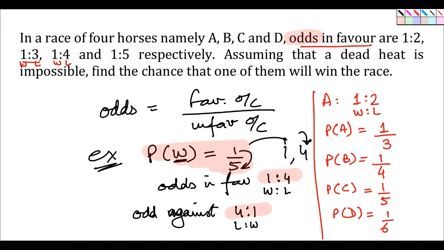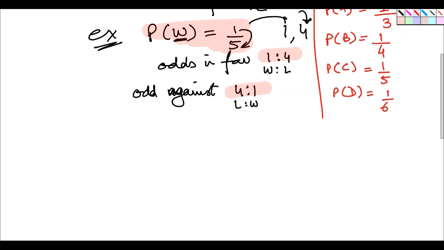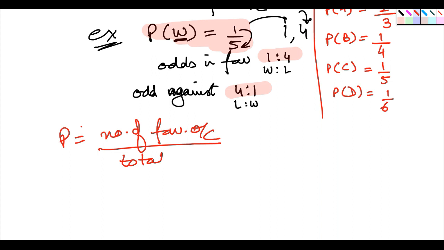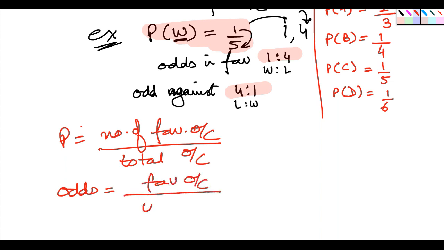What are odds? Odds are ratios of favorable to unfavorable outcomes. Remember, what is probability? Probability is the ratio of favorable outcomes to total outcomes, while odds are the ratio of favorable outcomes to unfavorable outcomes.